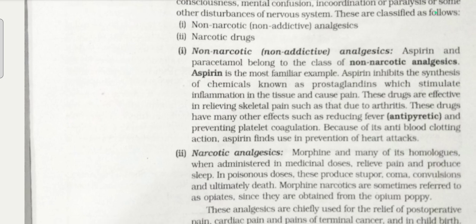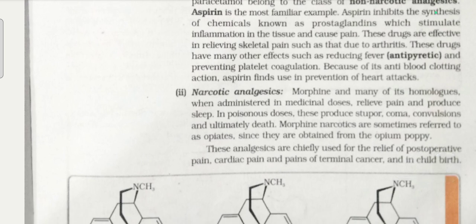Narcotic analgesics. Morphine and many of its homologs, when administered in medical doses, relieve pain and produce sleep. In poisonous doses, these produce stupor, coma, convulsion, and ultimately death.